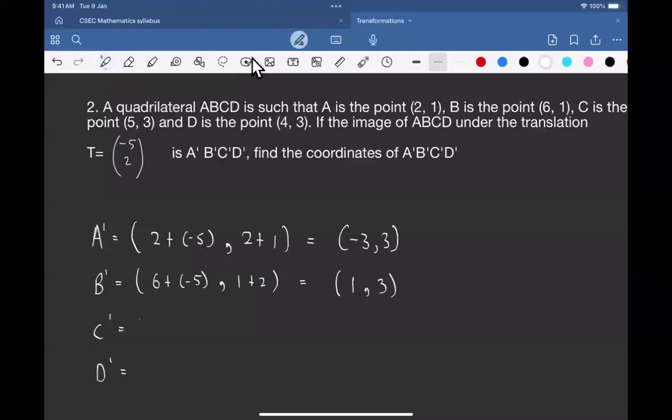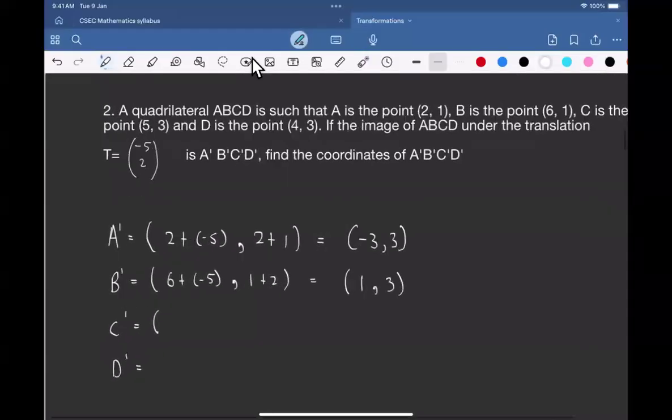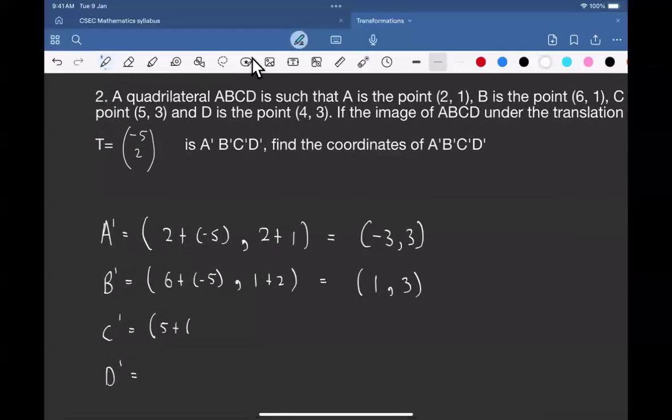What to do? Can I hear him, Sasha? Alicia, tell me what to do for C prime. You have to put 5 plus negative 5, and then 2 plus 3.